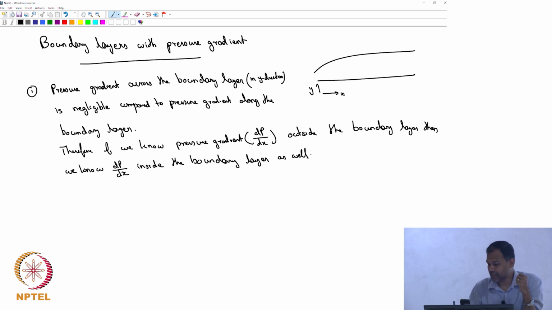So knowing the pressure gradient outside the boundary layer essentially helps us determine the pressure gradient inside the boundary layer. That's one of the things that we learned.